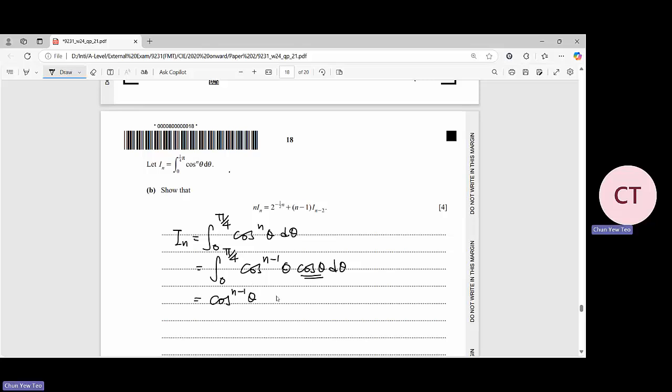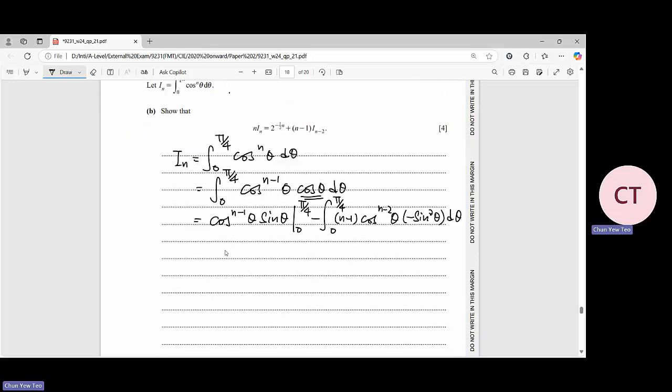Cos n minus 1 theta; integrate cos theta, you get sine theta. Then you put in 0 to pi over 4, minus the integral from 0 to pi over 4. The one that we bring out, you differentiate: cos n minus 2 theta, and then you get negative sine squared theta. I'm using integration by parts.